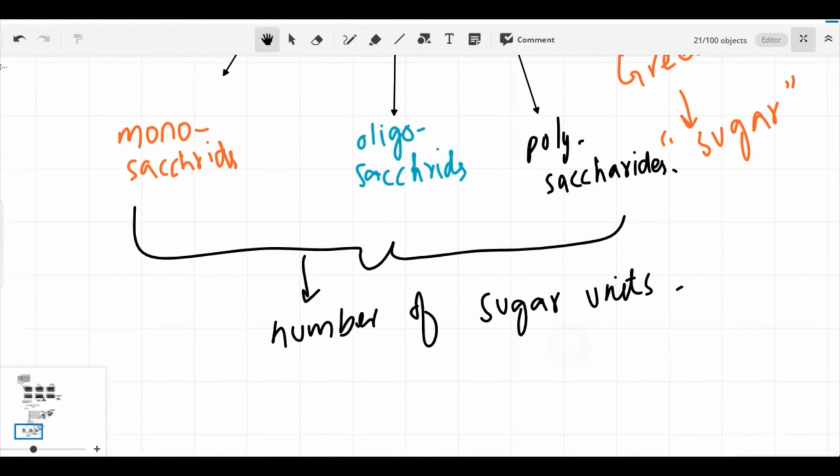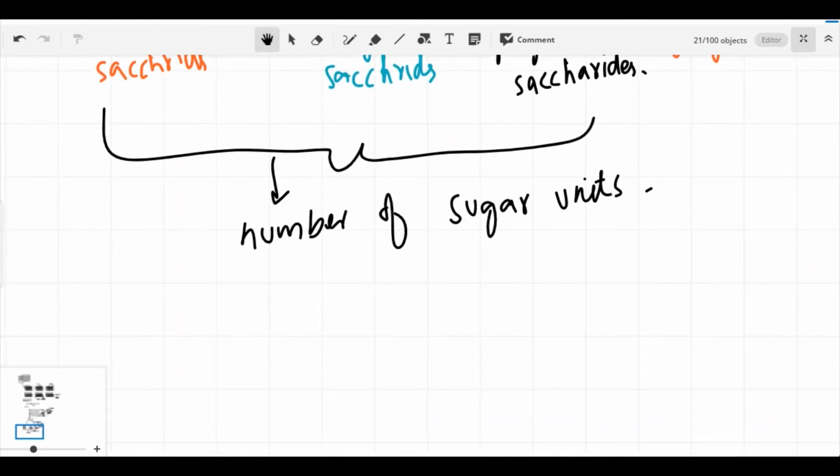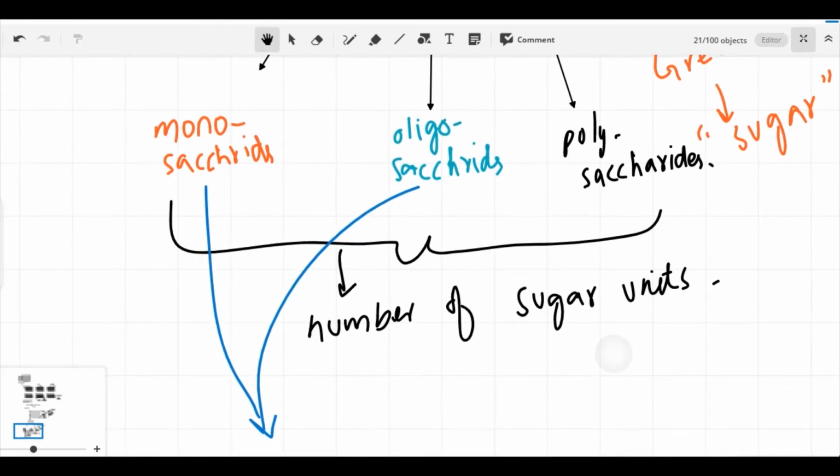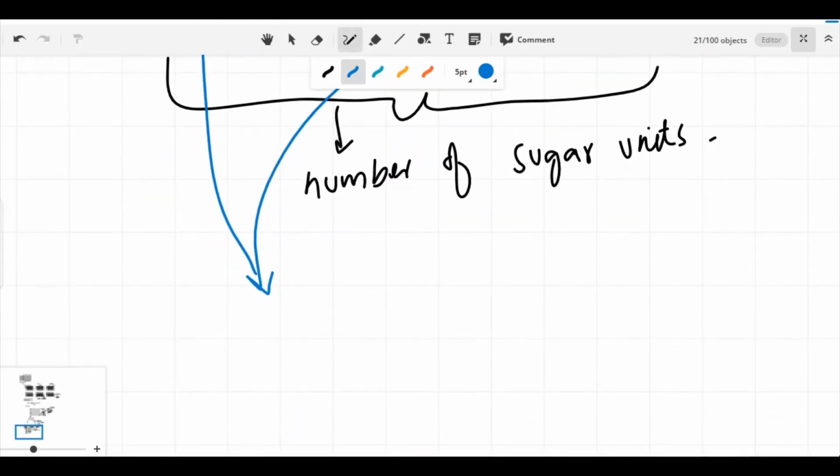Now, mono and oligosaccharides are sweet to taste. It means the first two groups, monosaccharides and oligosaccharides, have the property that they are sweet to taste.